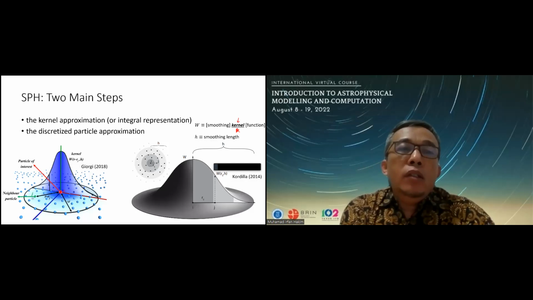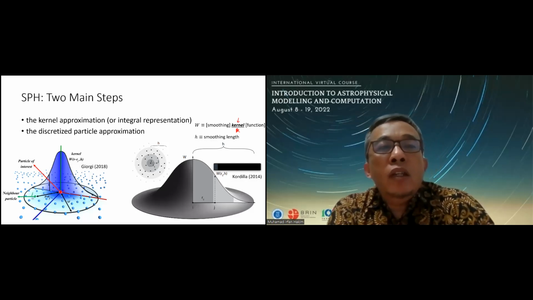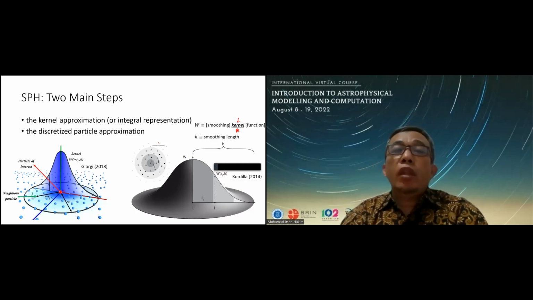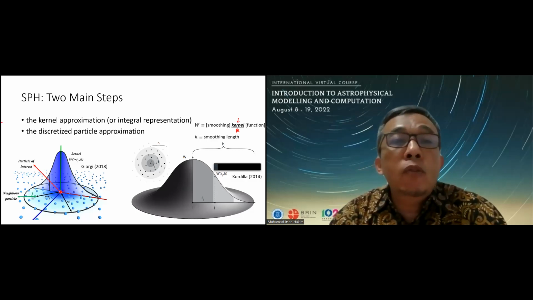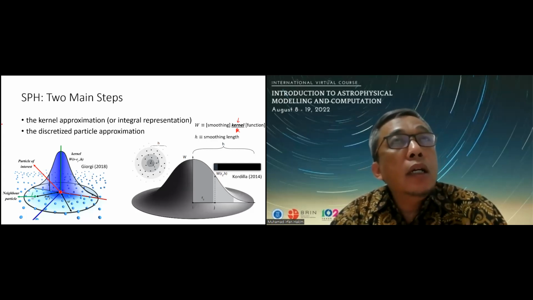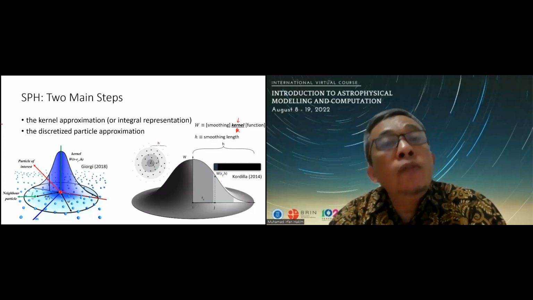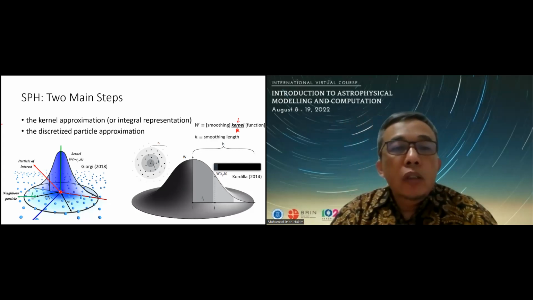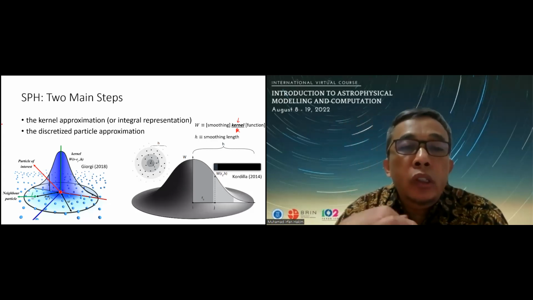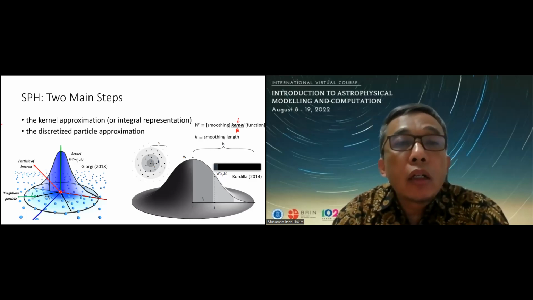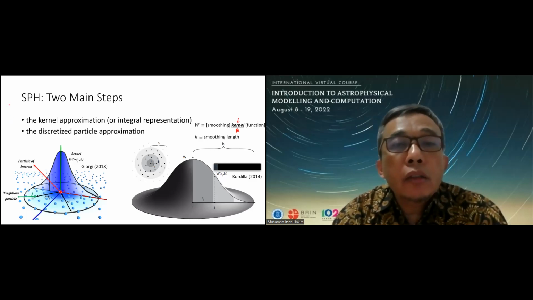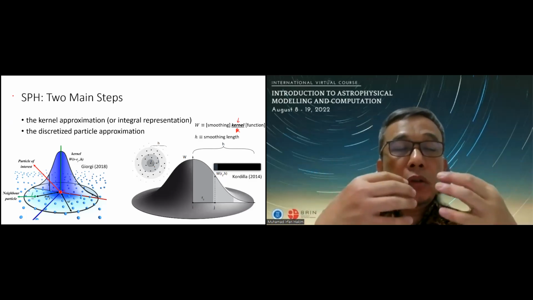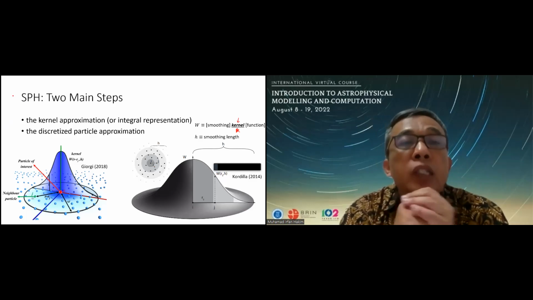And the next step is discretizing particle approximation, because the first step was a continuous function. But in this method we have a list of the particles.